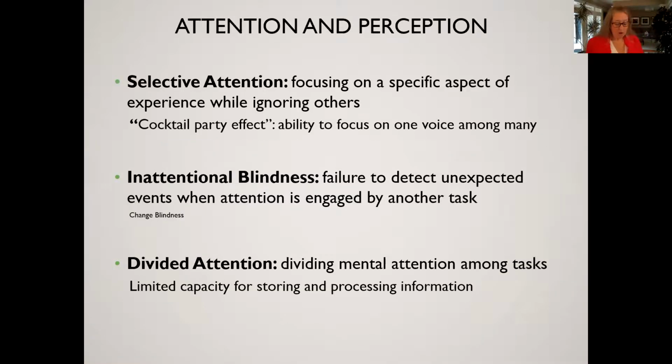Okay? Now, one big piece of perception comes from attention. What are we focusing on? What we focus on is what we're much more likely to perceive. So selective attention is when we focus on a specific aspect or experience while ignoring the others.